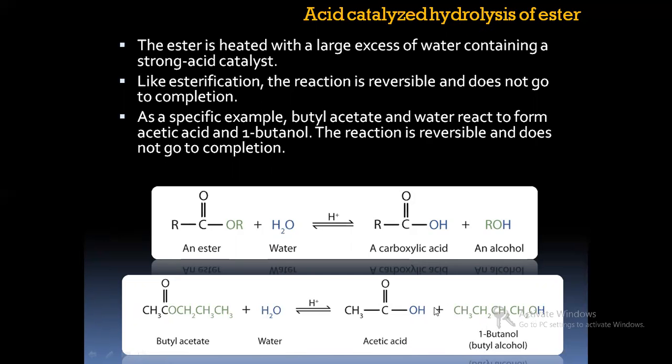You don't get 100% product because the reaction is always reversible. This is the general reaction where an ester reacts with water under acidic conditions, in the presence of an acid which produces H+, resulting in the formation of a carboxylic acid and an alcohol. And this is an example where butyl acetate results in the formation of acetic acid.